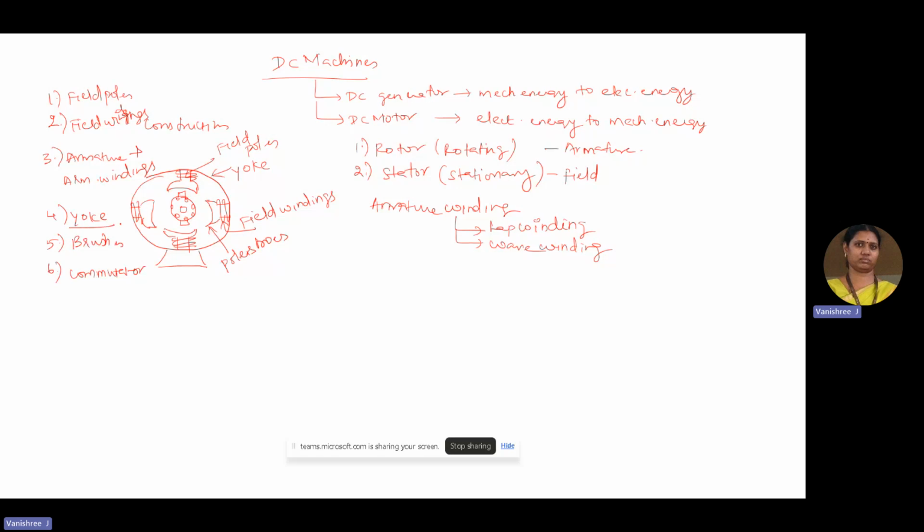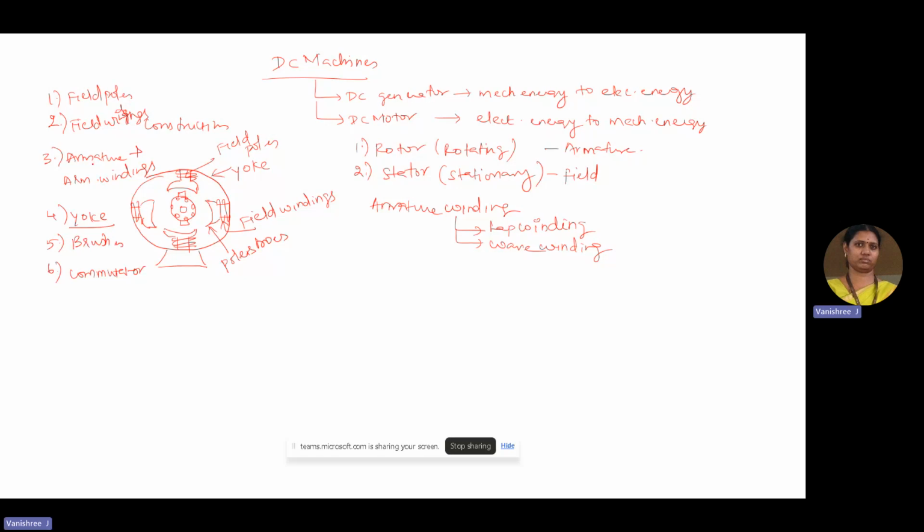So it is the yoke which gives mechanical support to the machine and also holds the field coils. And it is the field poles which hold the field windings. On providing the electrical energy to the field windings, the field poles act as a magnet and result in setting up the magnetic field. The armature, which has an air gap with the field poles, is rotating in the air gap, and the armature is the housing of the armature conductors.